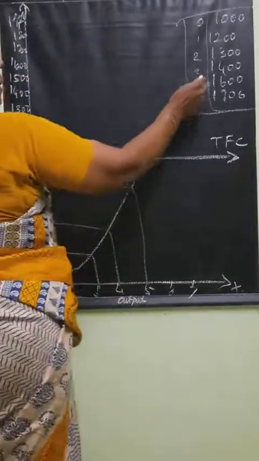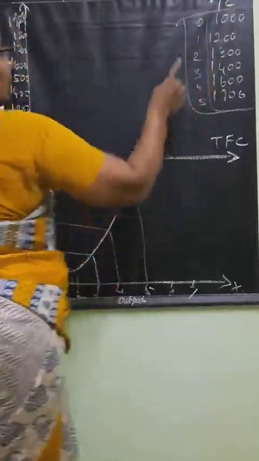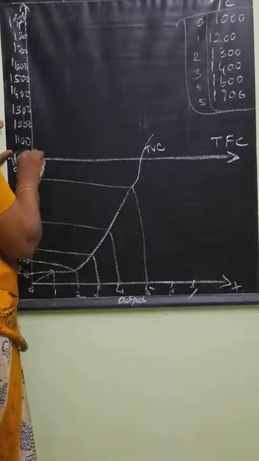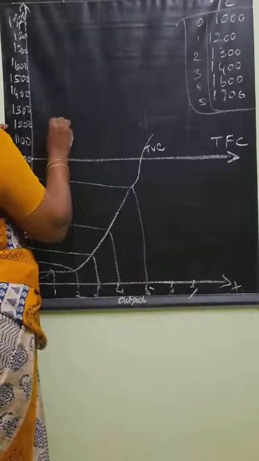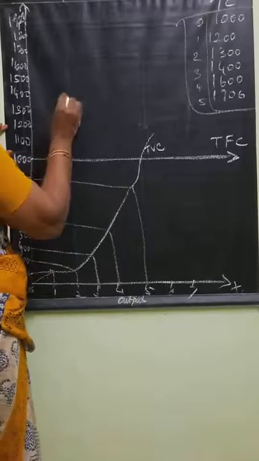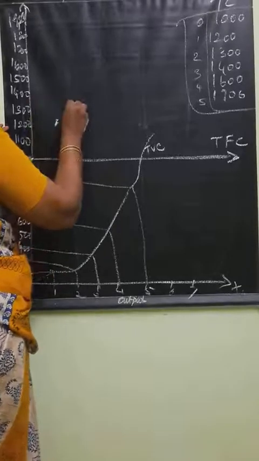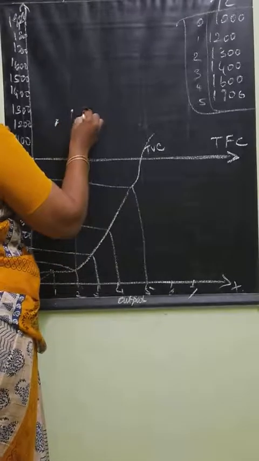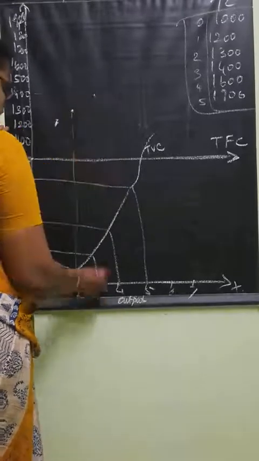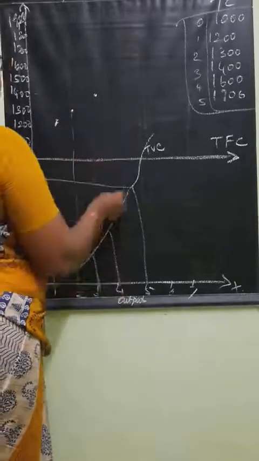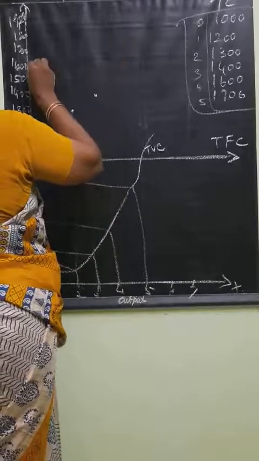Now I am going to draw total cost. At output 0 it is 1000, at 1 it is 1200, at 2 it is 1300, then 1400, then the fourth is 1600, 600 is here.